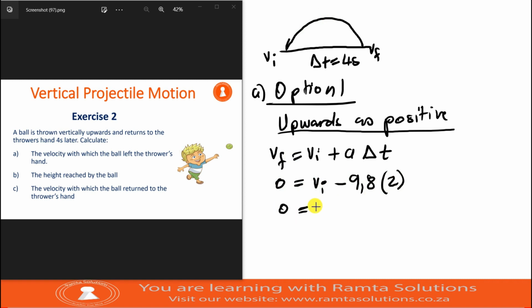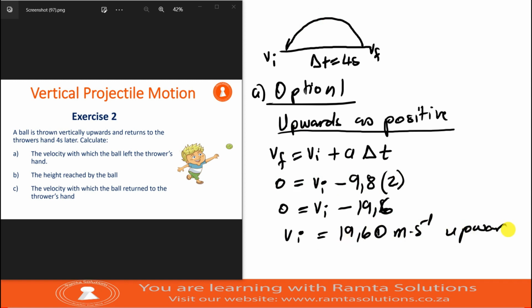Now 0 equals VI minus 19.6, I believe. Now our initial velocity is 19.60 meters per second. It's a positive answer, so this means upwards. Remember, velocity is a vector quantity.